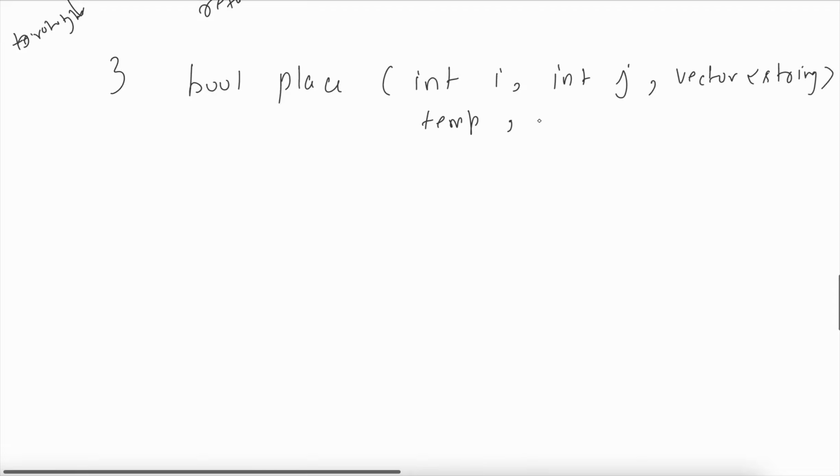So we have int i, int j, vector of string temp and int n. Before implementing this, let's do some example practice. How are we going to implement it?